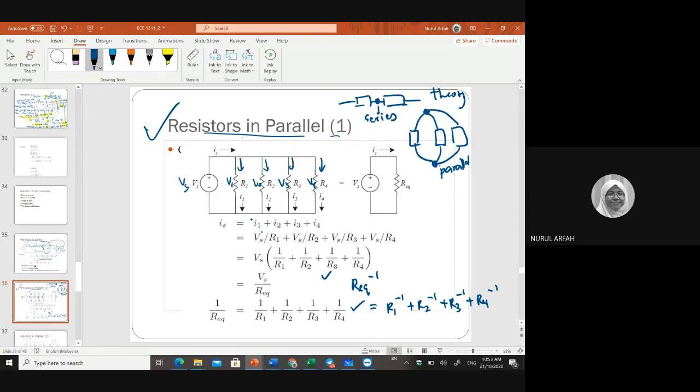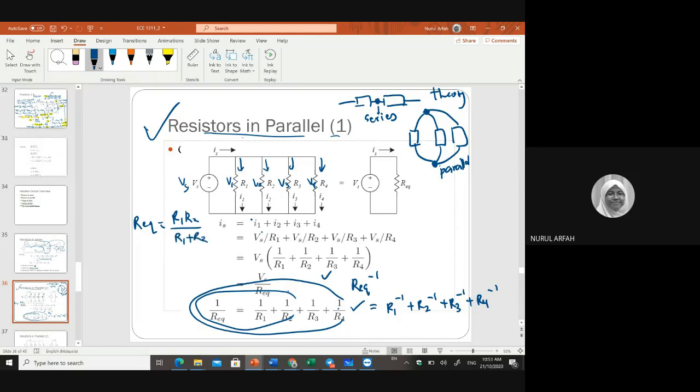Because when you do your calculation, some of you will do this part and it's quite difficult to use your calculator. If you rearrange, let's say we have only two, R equivalent will be equal to R1 R2 over R1 plus R2.